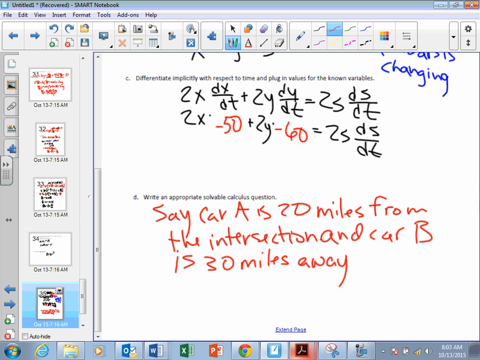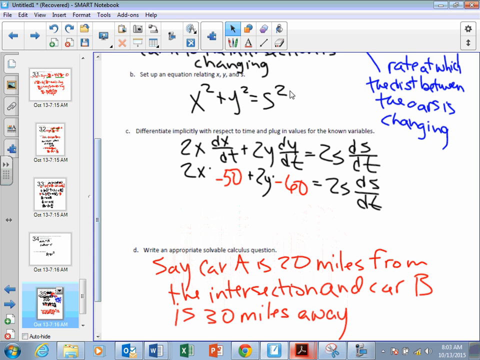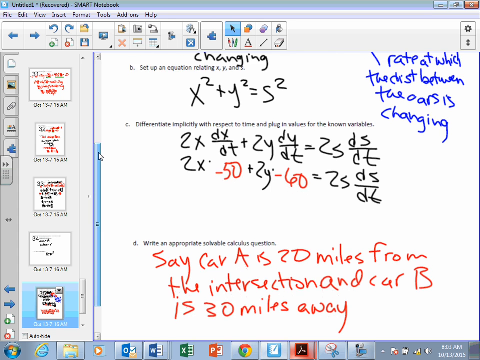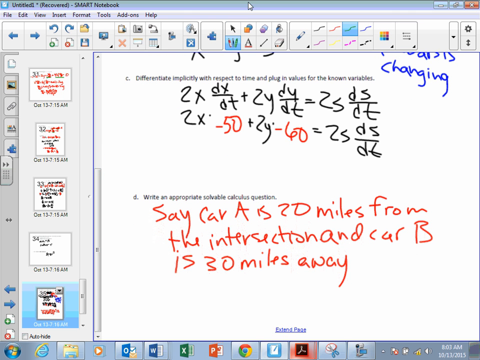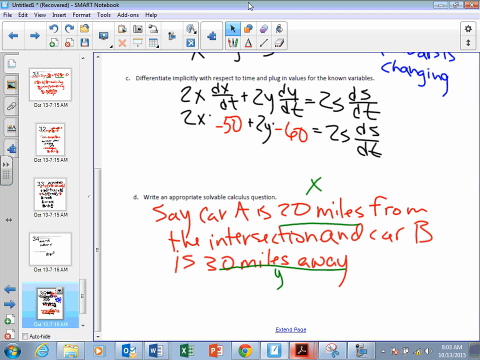Now, if we have x and y, do I need to give s in my problem? Well, think back to what we know. We have this equation right here that relates x, y, and s. I can do x squared plus y squared equals s squared, plug in my values for x and for y, and that gets me s. So this has given me x already. This has given me y already. Those together are going to give s.